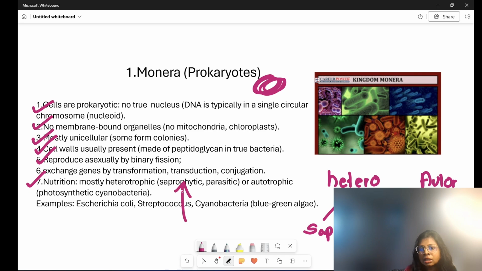Saprophytic organisms take nutrients from decaying or dead materials. Parasitic organisms totally depend on another plant or animal. Examples for the Monera kingdom are E. coli, Streptococcus, and Cyanobacteria. So let's move to the next kingdom.